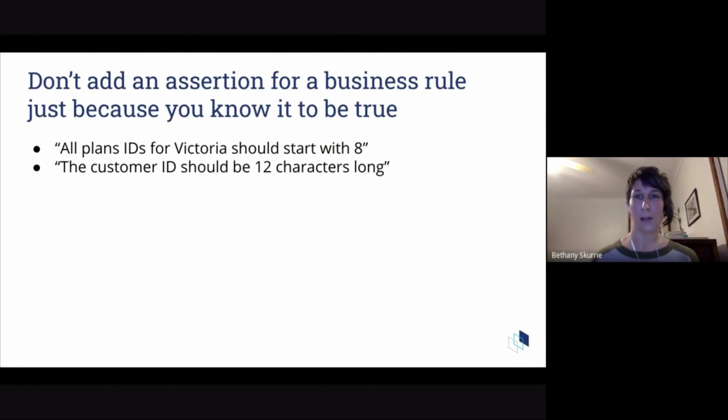And if it's just because you know it to be true, don't put an assertion in for it. Let the value be whatever it wants to be. This makes the test much more maintainable because it means the provider is free to change the business rules in the way that they need to without affecting the consumer tests unnecessarily.